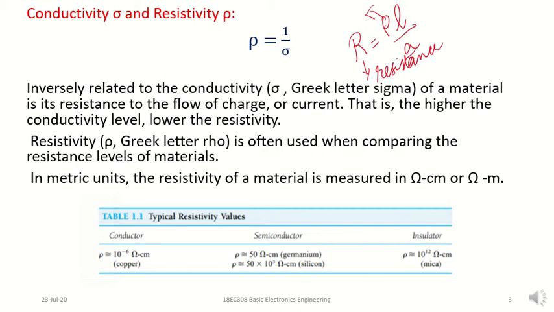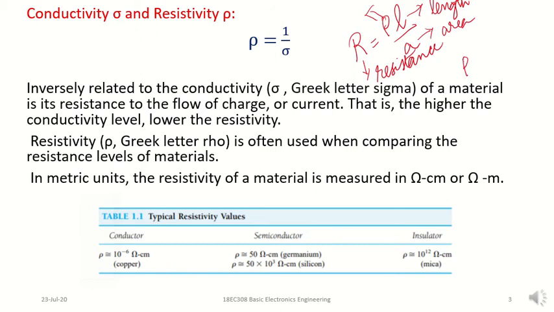Rho is the resistivity. L is the length of the material. A is the cross-sectional area. Now we know for resistance what is the unit.